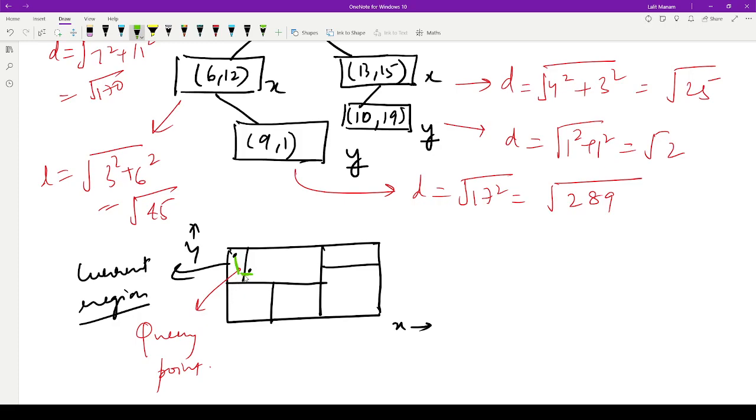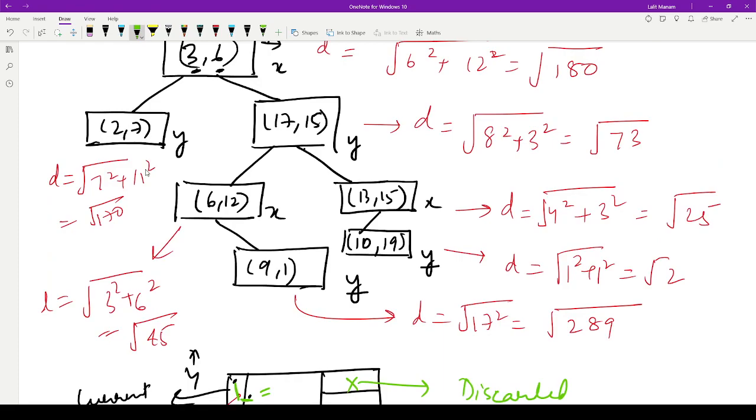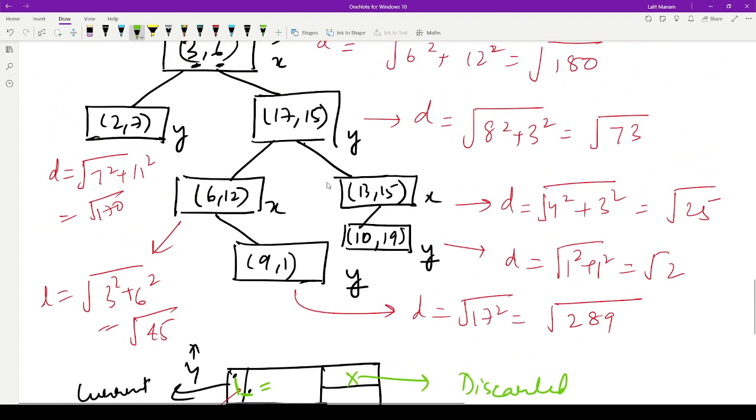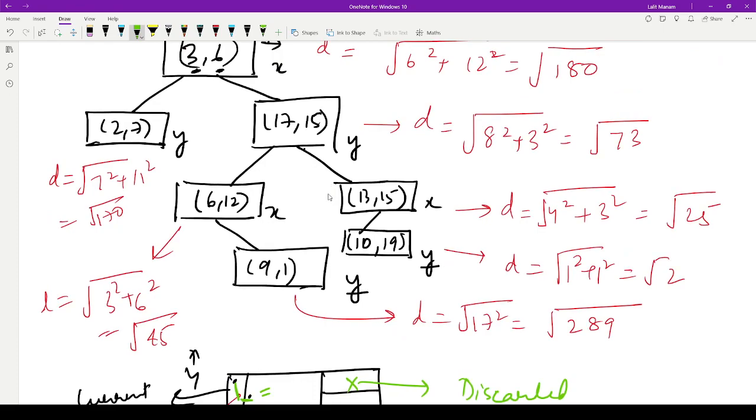So in an actual KD tree you generally check not just within the region, but also nearby regions, and then you can discard regions that are pretty far away. So this is how it's practically done. But for this question, if you make this partition of the xy plane, it turns out that you have to check every other node.